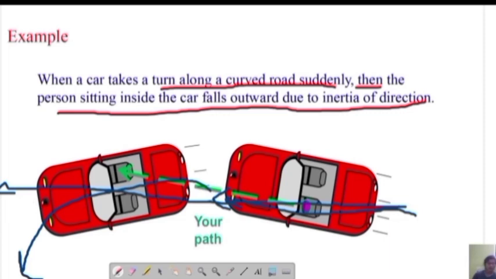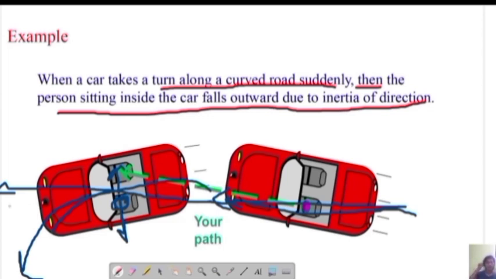But when the car suddenly takes a turn, the person sitting in the car will fall outward. If the car is turning towards the right, the person will fall towards the left. If the car is turning towards the left, the person will fall towards the right. Is it clear?